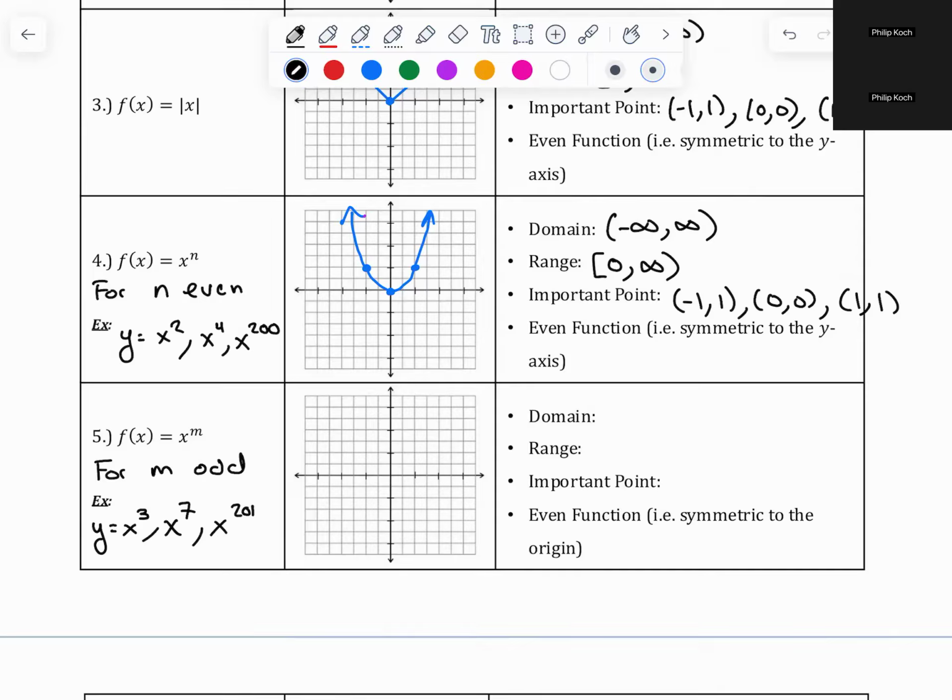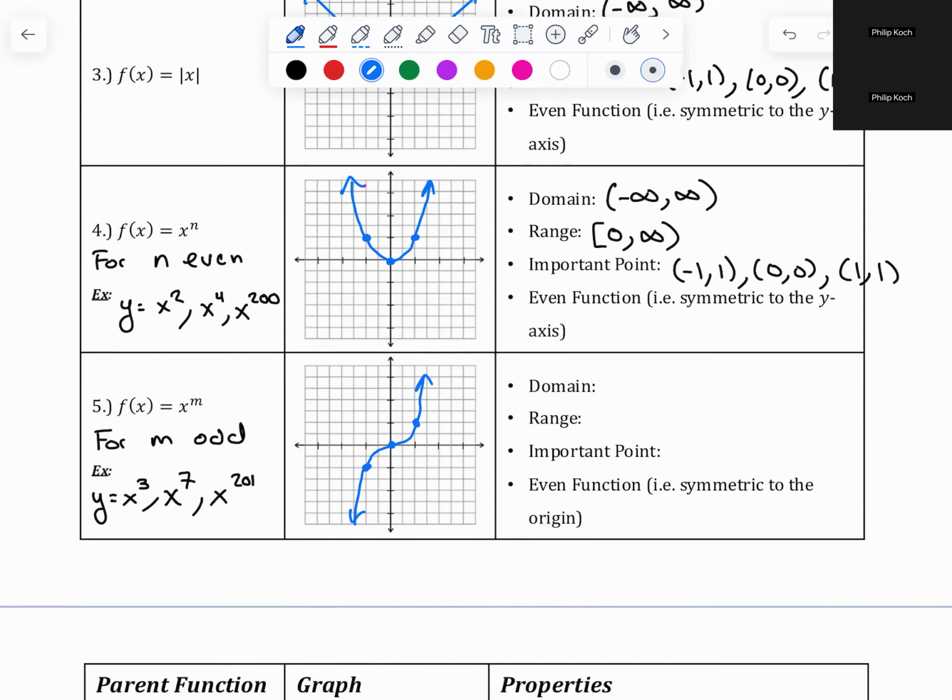Any odd power of x will have these 3 points. It'll have (-1, -1), (0, 0), and (1, 1). And it'll look like this cool squiggle. Like that. Roughly. Doesn't need to be perfect.